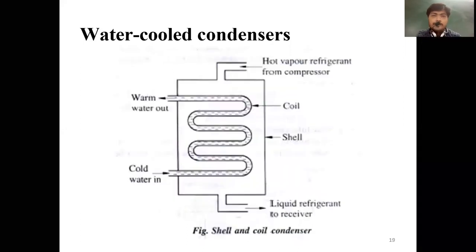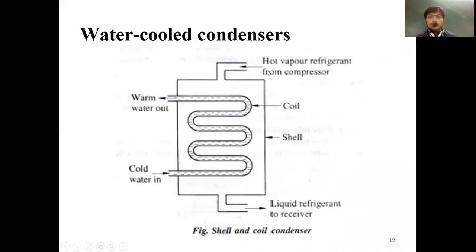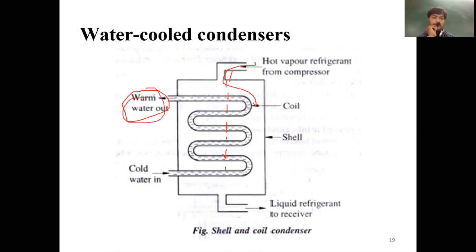Next, the water cooled condenser, shell and coil type, because a coil or tube is used for cold water, which passes from this side to this side, and the hot vapor comes into the shell directly and strikes this tube, so that warm water is obtained because heat is absorbed from the hot vapor by the water.